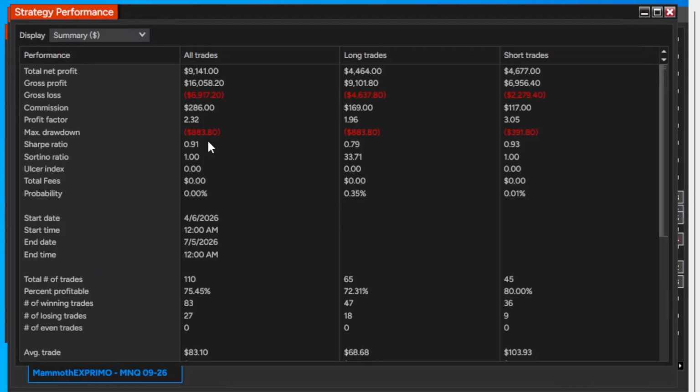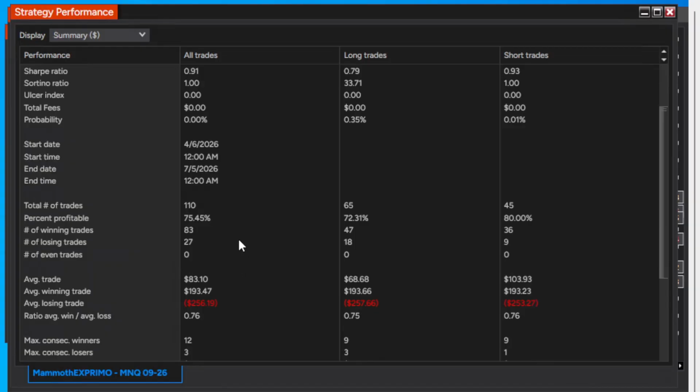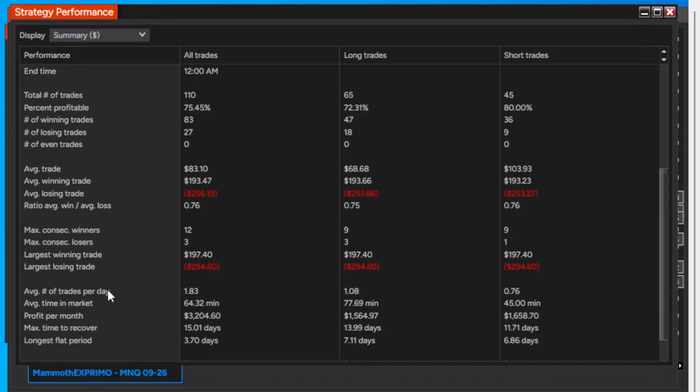The profit factor is 2.32, with 110 trades in total: 27 losers and 83 winners. The percent profitable is 75%, with an average of 1.8 trades per day. Maximum consecutive losers is 3 trades in a row, and 12 winners in a row.